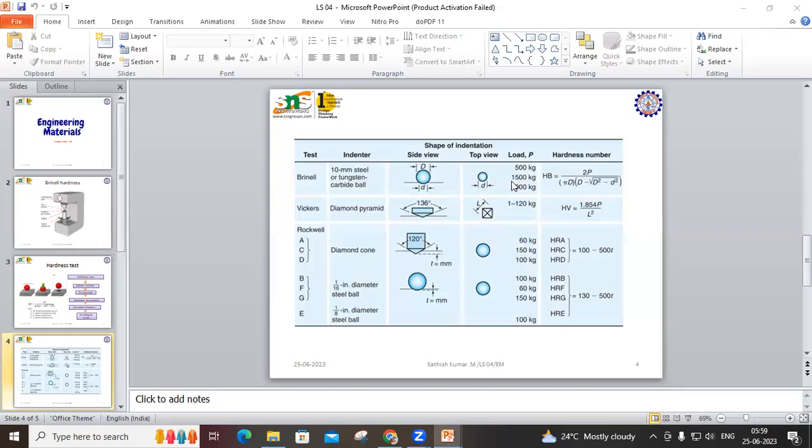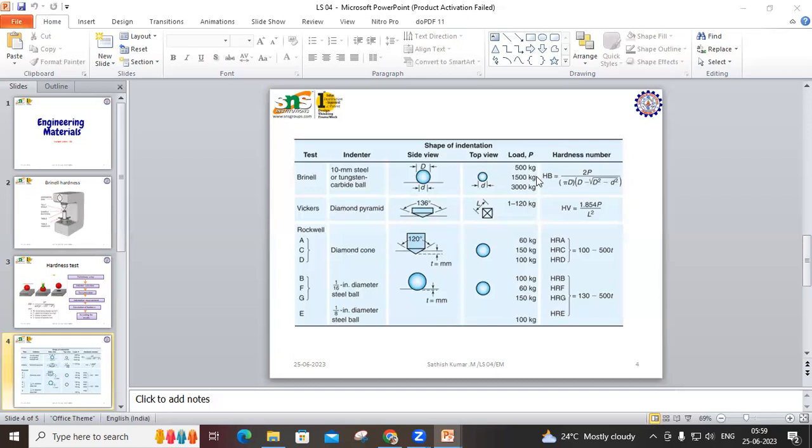The load can't be applied using a spring or some other means. Here we have to go for hydraulic application, or we can use a piston and cylinder arrangement to get this amount of load. It should be precisely applied. As we discussed, hydraulics is more precise than pneumatics.